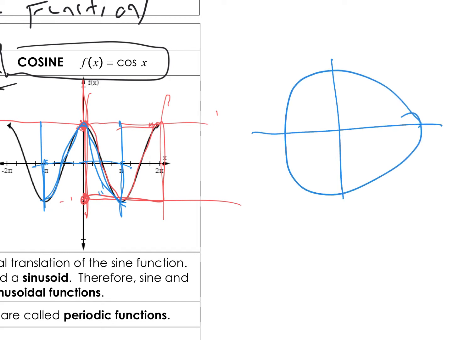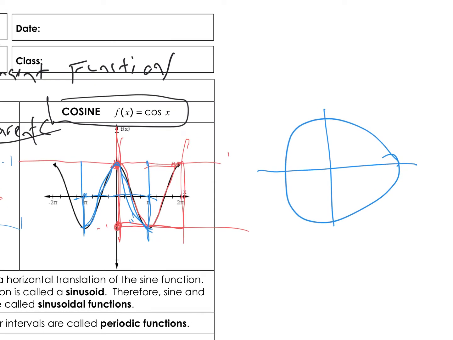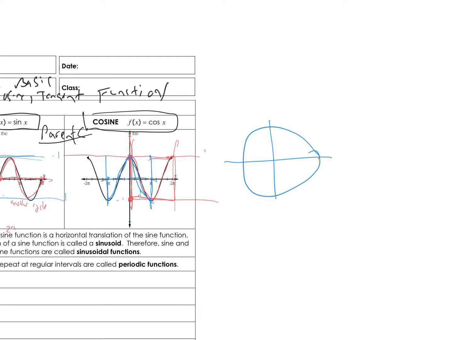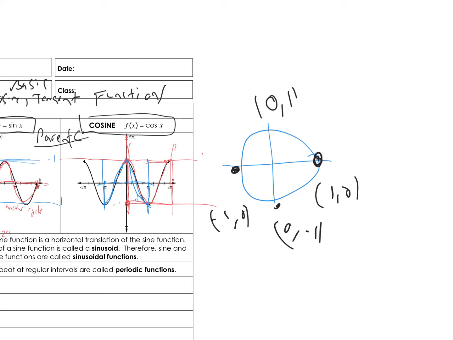The unit circle could help us with these graphs because remember what we talked about, these ordered pairs, 1, 0. I think I gave you guys a cheat sheet with it, right? 0, 1, negative 1, 0, 0, negative 1. If you go to 0 radians, that's this part right, starting right here. 0 radians uses this point right here.